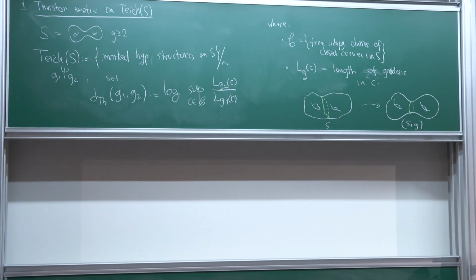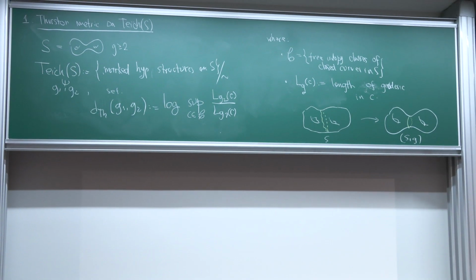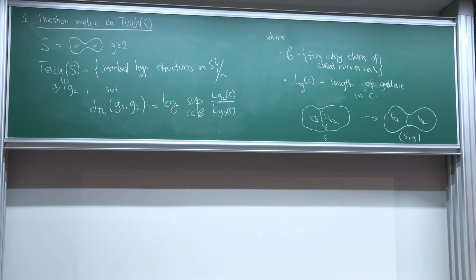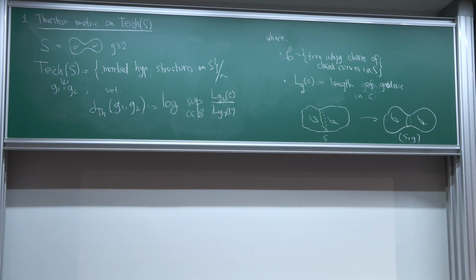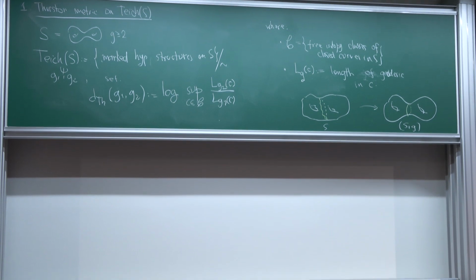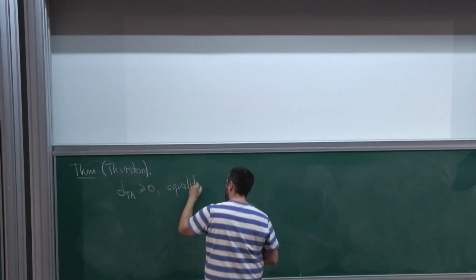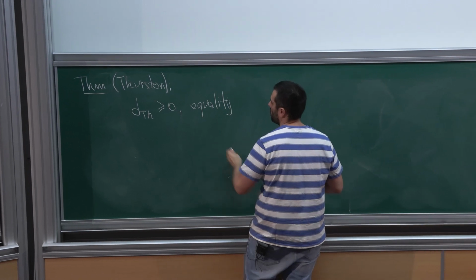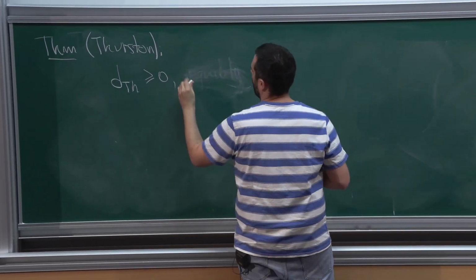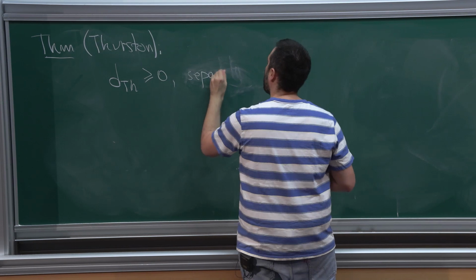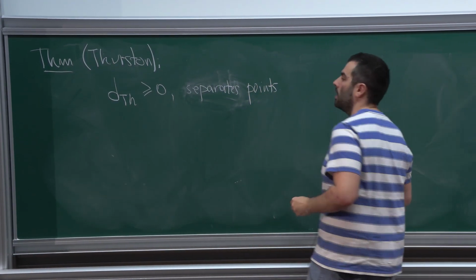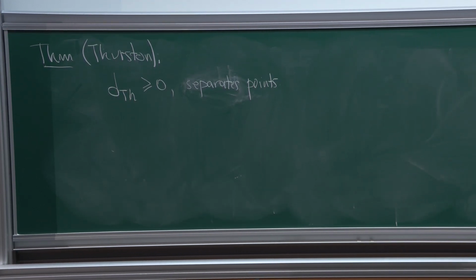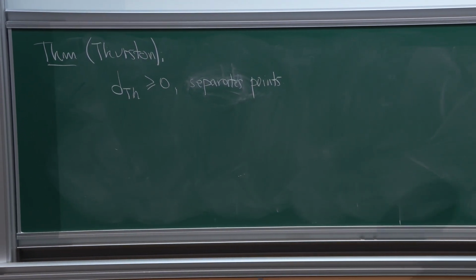And so I guess the theorem by Thurston says that this number is greater than or equal to 0, and equality holds only when the points coincide, meaning that if I take two different points in Teichmüller space, this number will be strictly positive.